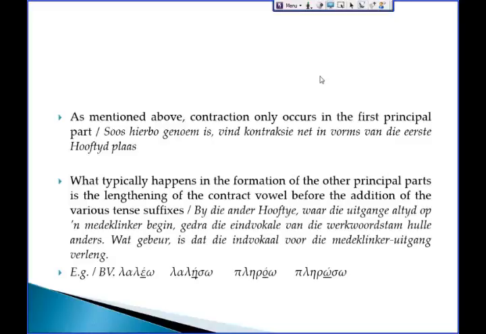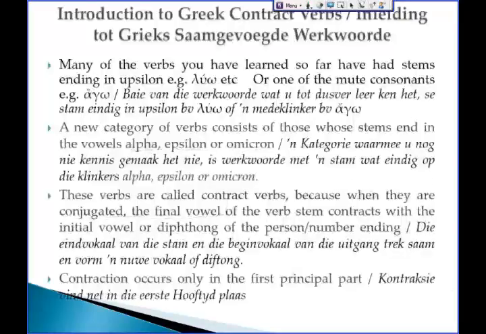Let me get back to what I was saying. The verbs are called contract because when they conjugate, the final vowel of the verb stem contracts with the initial vowel of the person ending or the number ending.